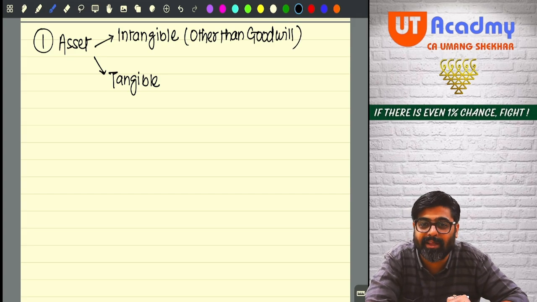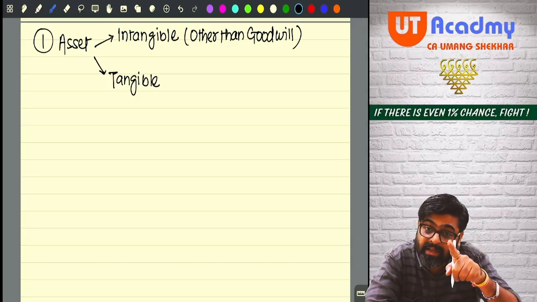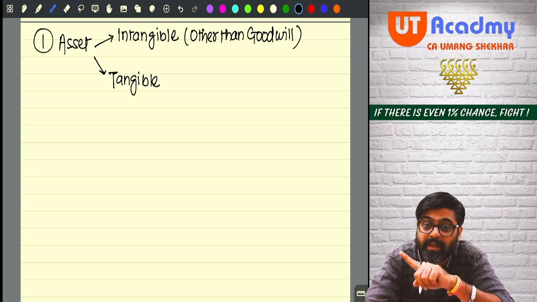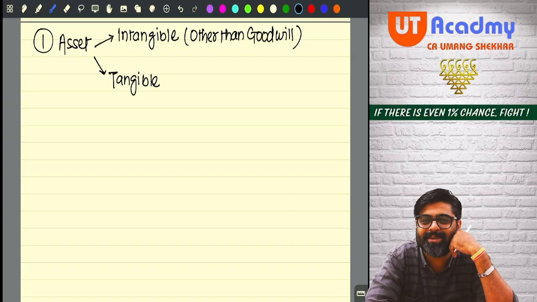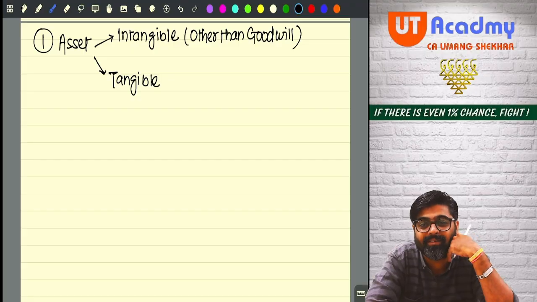Goodwill is also an intangible asset, no? So if you have acquired goodwill for the purpose of your business or profession, then the cost of that goodwill will not be allowed fully, and neither can that cost be claimed as depreciation under the PGBP head, because goodwill is not a specified asset for the PGBP head.